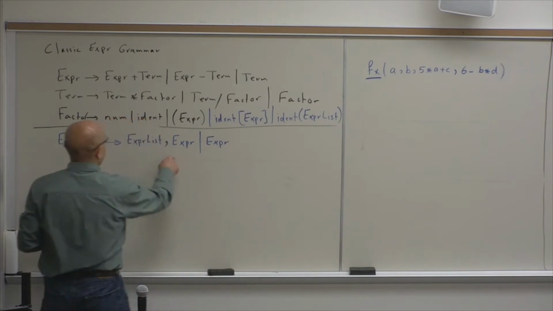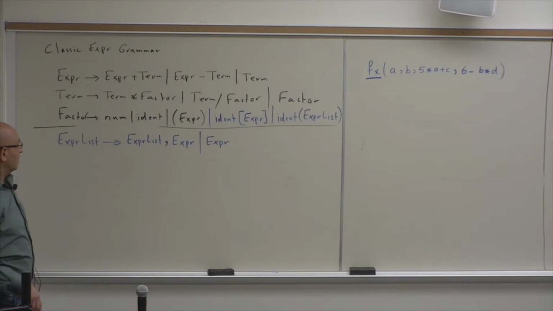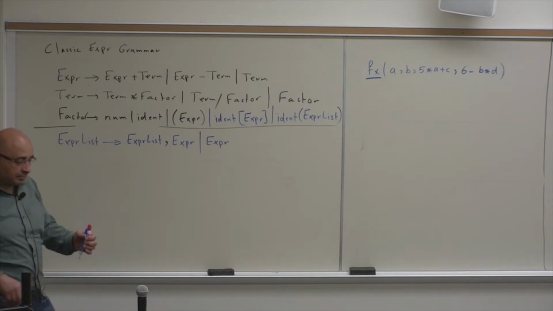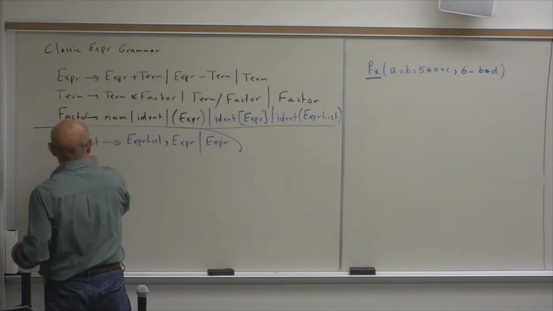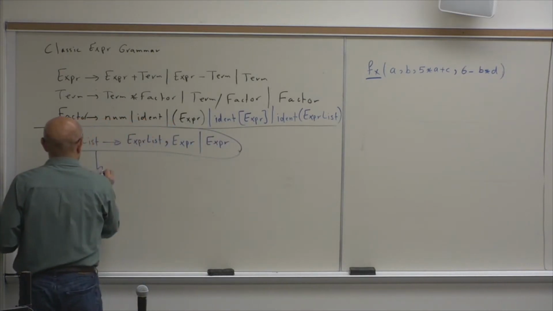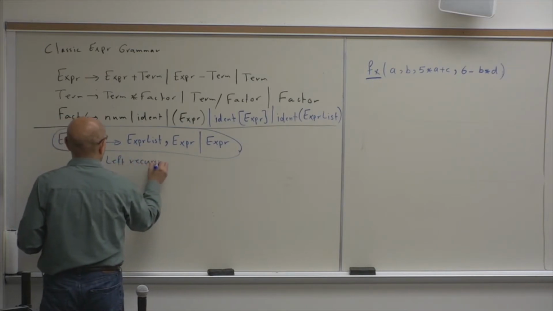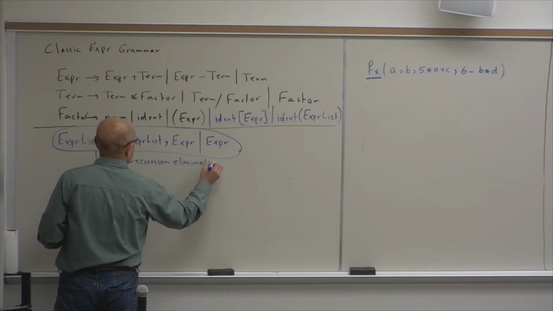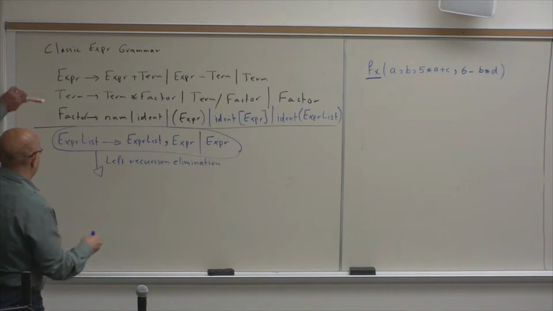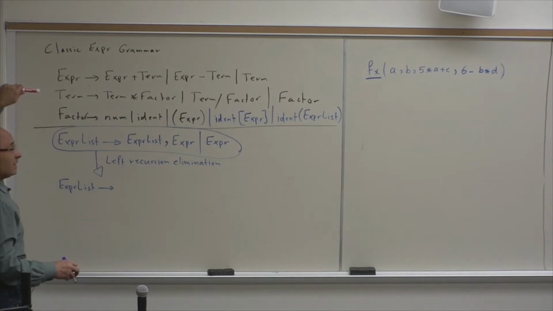And of course, what's the problem here with this definition? This is left recursive. So we can do this in the right recursive form. Left recursion elimination. What does left recursion elimination give us in this case? Expression list is what? Where is the beta?